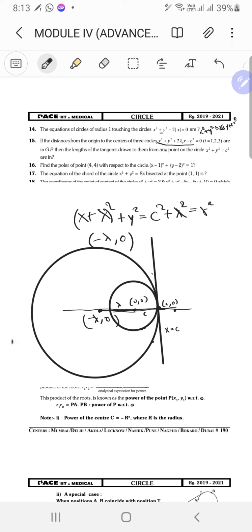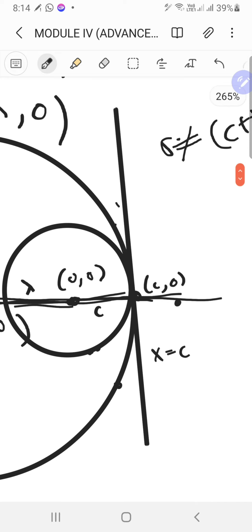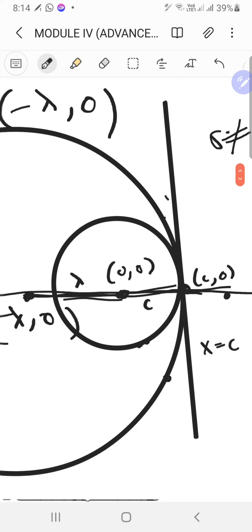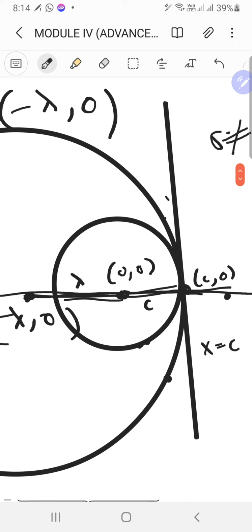So this distance must be c, that must be minus lambda comma 0, this c squared plus lambda squared is r squared. Oh, sorry, so r is not c plus lambda whole squared. What am I doing? So this distance is not necessarily c, so that's not very correct.